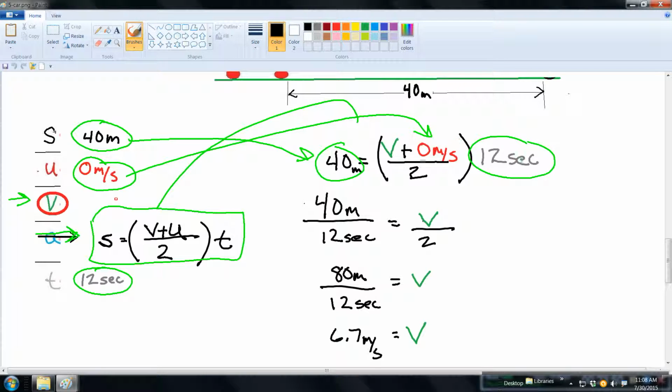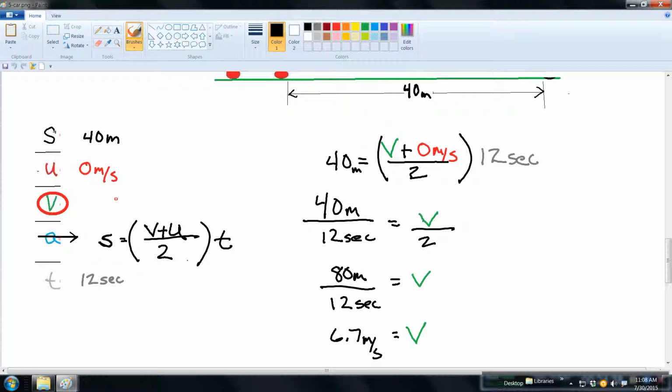And when we solve for V, we find that we end up with 80 meters over 12 seconds, and then we reduce that down to 6.7 meters per second.